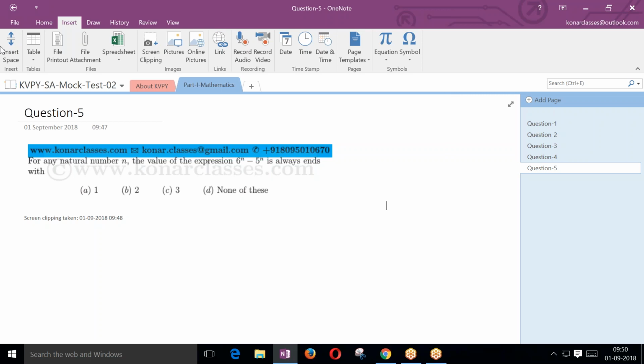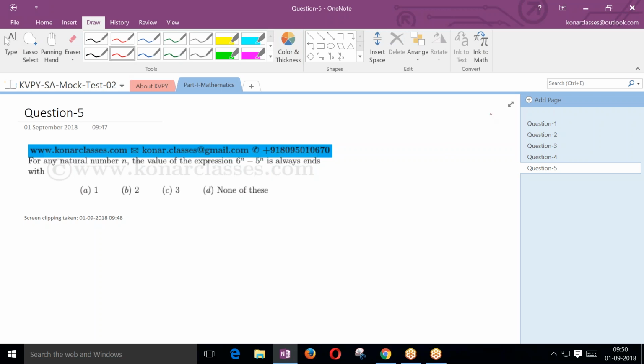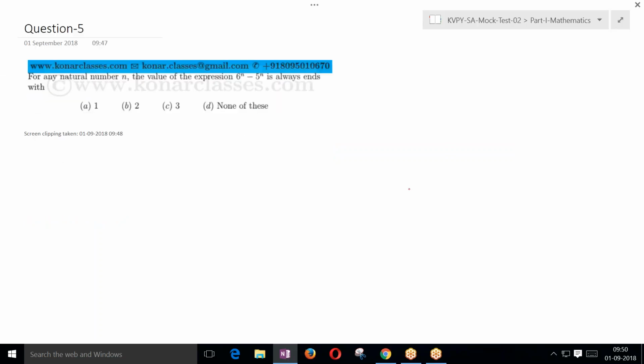So what we see, I'm going to write it here, is that for any natural number n, 6 power n ends with 6.